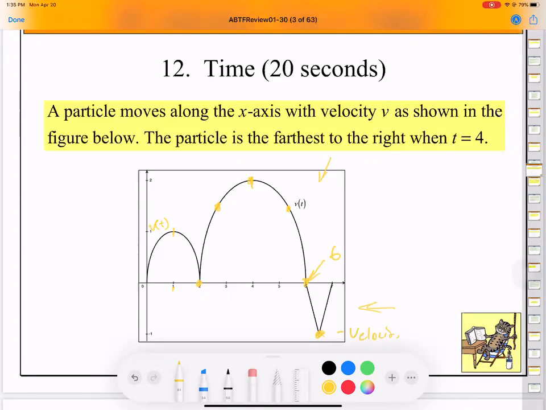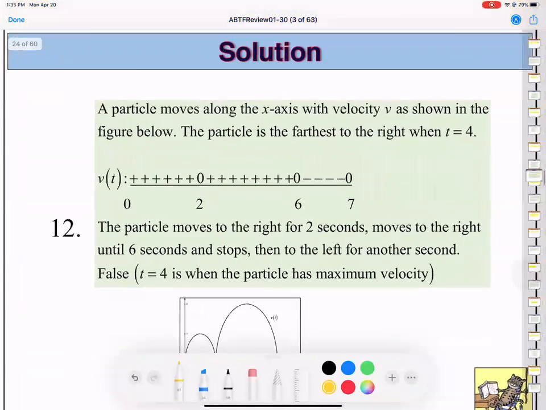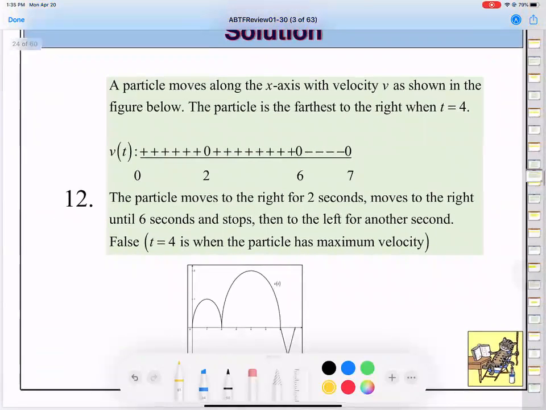Because I've been going forward. I kept going forward after 4, and I didn't start going backwards till after 6. So I'll claim this is false. The answer is false. They drew a little sign chart here to say I went in a positive velocity going forward.